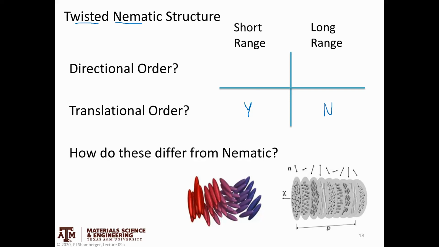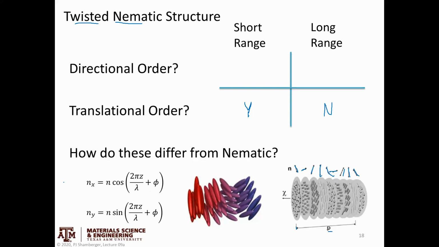Directional order, the only thing that's different now is that instead of all of these rod-like liquid crystals pointing in one particular direction and that direction staying the same, they tend to twist. So the principal director is changing in orientation, and the way it's pointing is a function of some distance. So this is shown as p here.